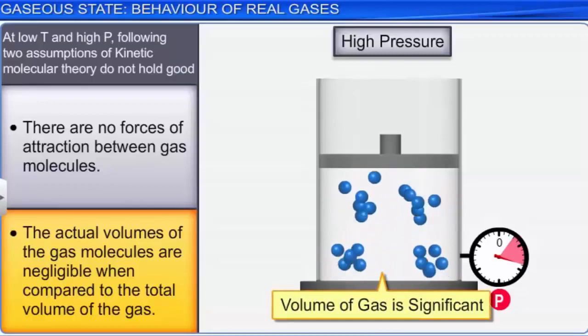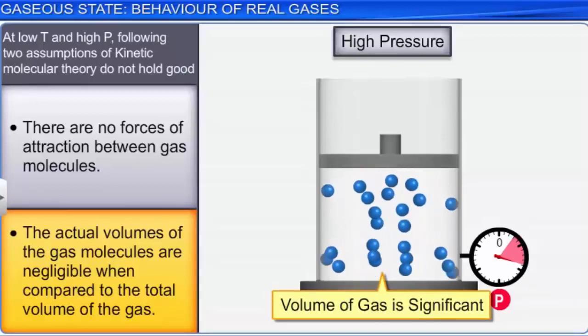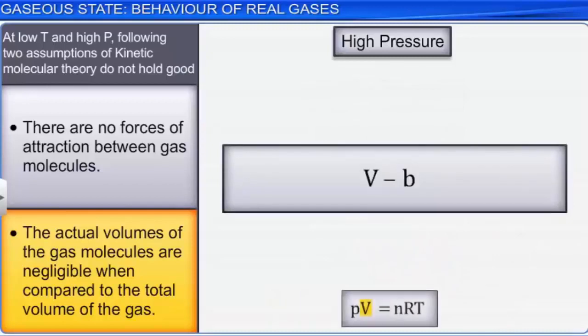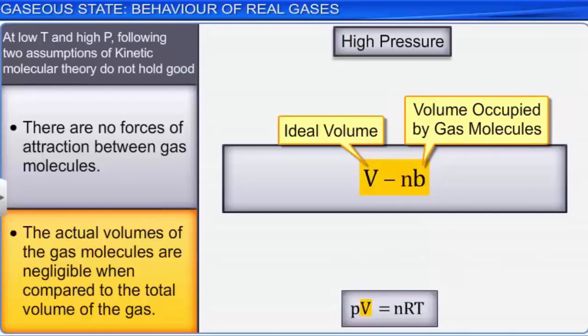Hence, the volume V in ideal gas equation is corrected as ideal volume minus the volume occupied by gas molecules, that is, V minus B, and for N moles of the gas, it is V minus NB. B is excluded volume, which is constant and characteristic for each gas.